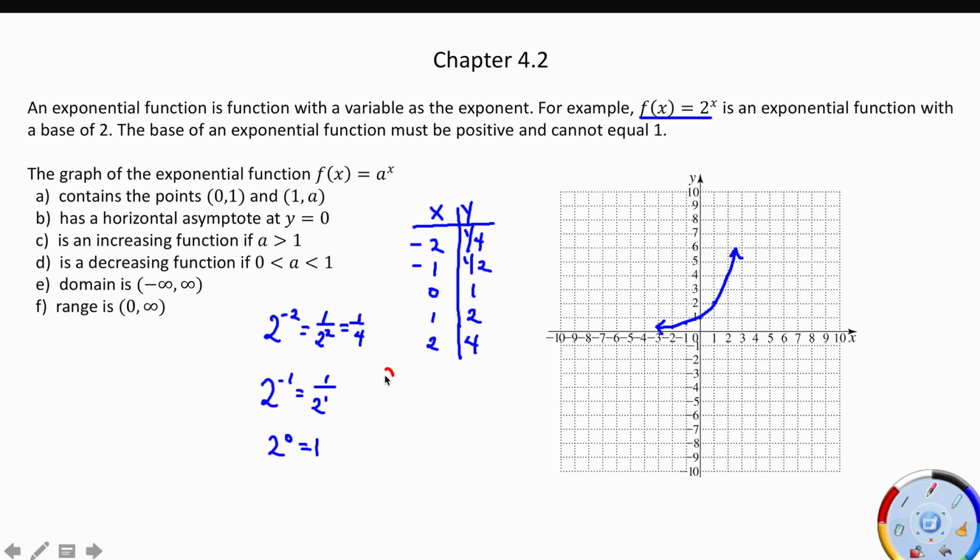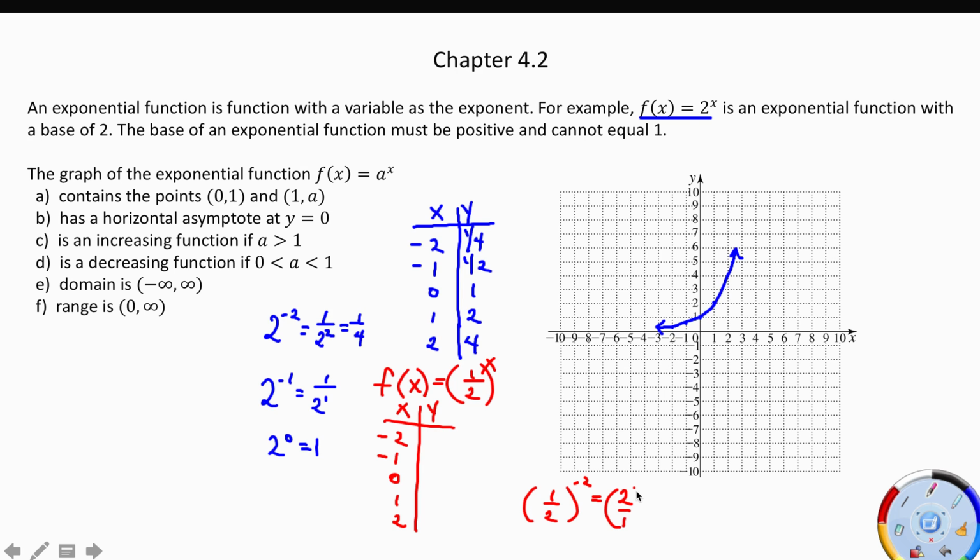But what if my base is a proper fraction? Remember, it can't be negative and it can't be 1. So let's see what we have then. All right, then I would have 1/2 to the -2. Remember what negative exponents mean? They mean reciprocals.